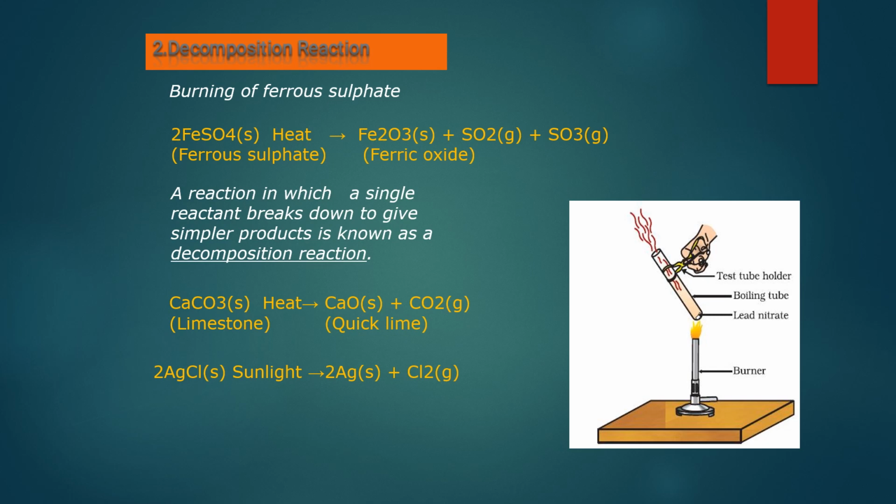This is photochemical decomposition where silver chloride AgCl in the presence of sunlight breaks down to form silver and chlorine. It is called photochemical decomposition because it occurs in the presence of sunlight.